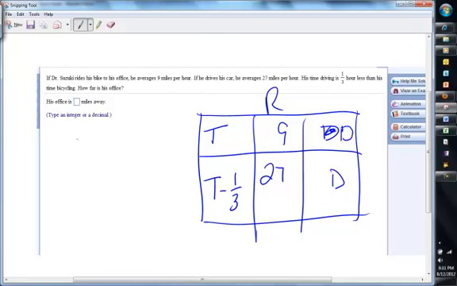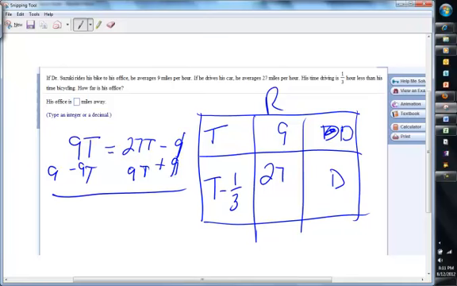So we have 9t, rate times time, equals 27t minus 1/3 of 27 is 9. Let's add 9 to both sides and subtract 9t from both sides, and we get 18t is 9, so t is 1/2.